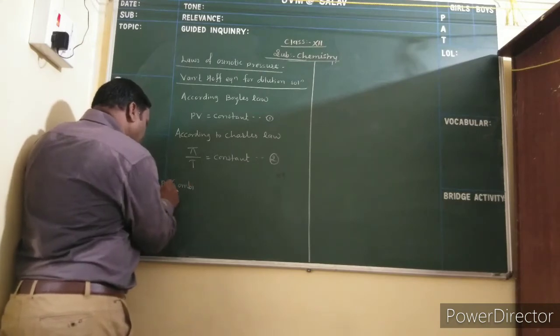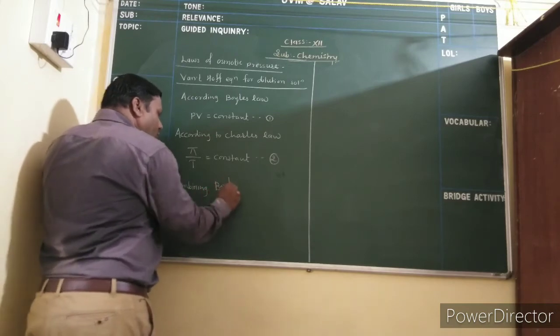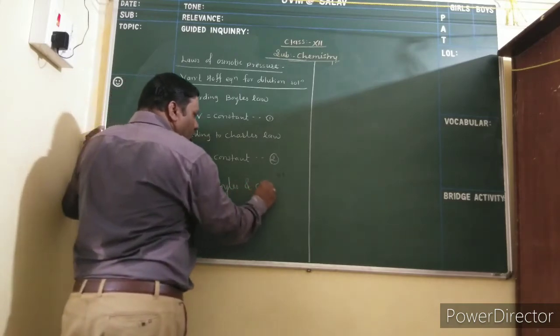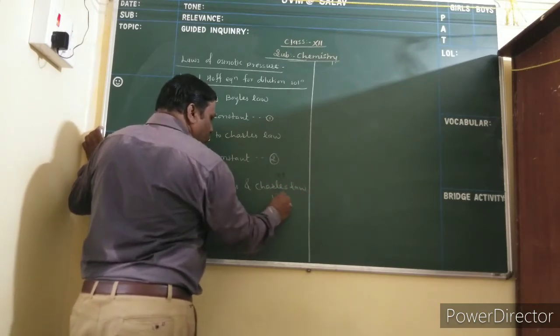Now, by combining Boyle's law and Charles' law, what do we get?